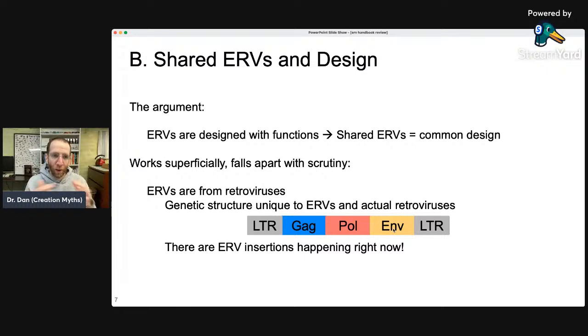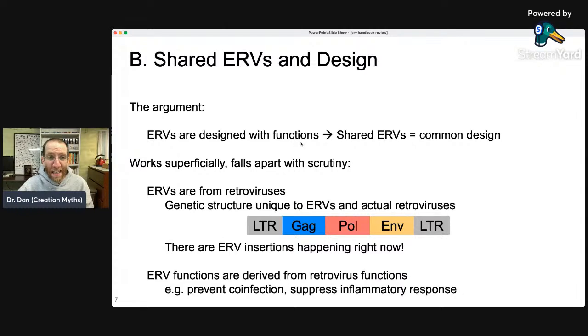But the partial ERVs actually form a clade, right? You could say, look, this group has this ERV. It forms a clade because there was a common ancestor with the insertion, and then it has since propagated through the population. That pattern is not what you would see if they were lost rather than acquired, right? So that's a problem.